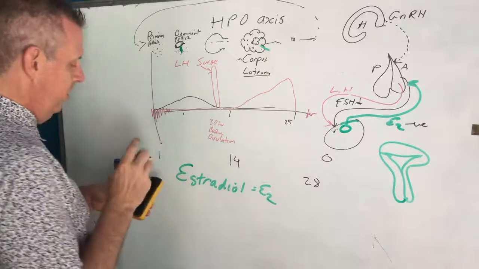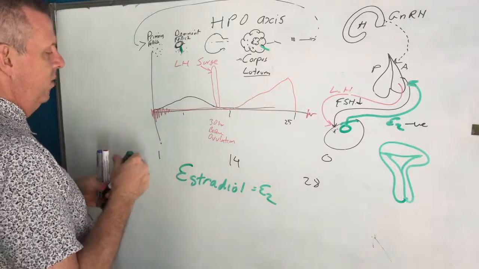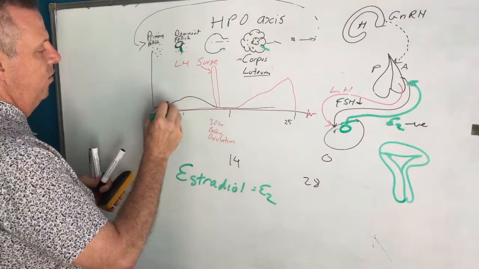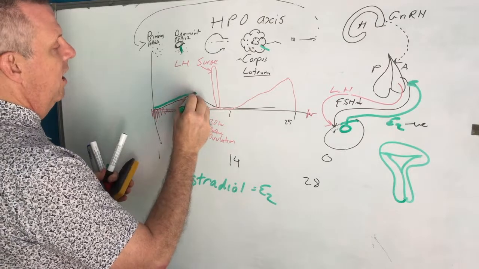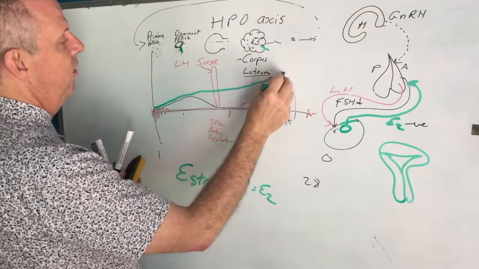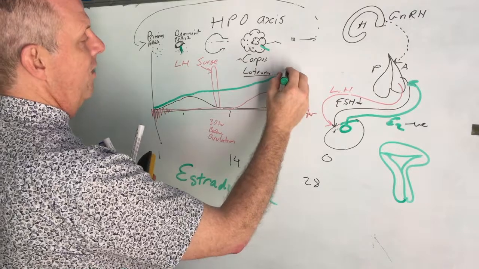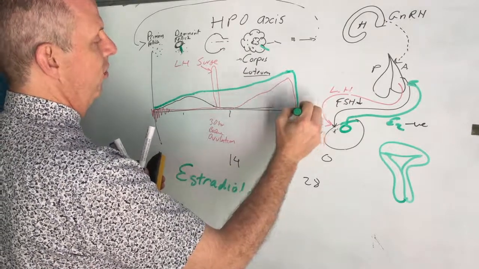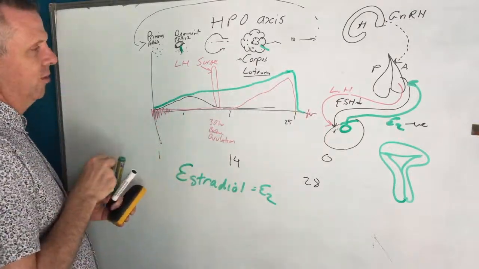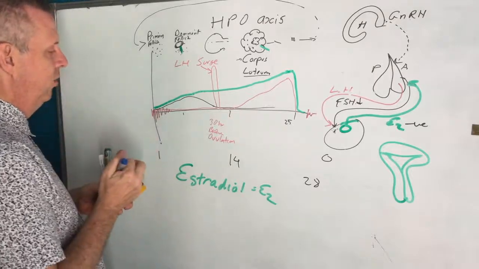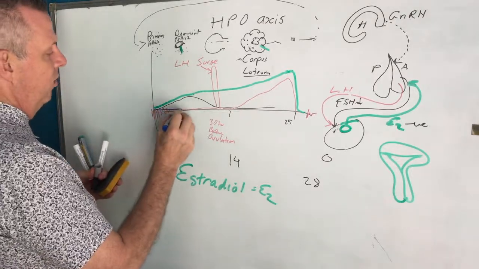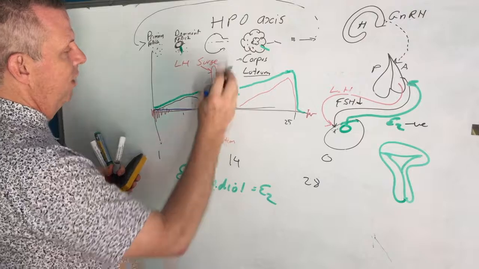If we look at estrogen, there's lots of estrogen being made here in the first part of the cycle, and then it continues on through, and then at day 25, if you haven't fallen pregnant, it drops off and starts again. And if we look at progesterone, which I'll do in blue, there's no progesterone at all in this first part of the cycle.